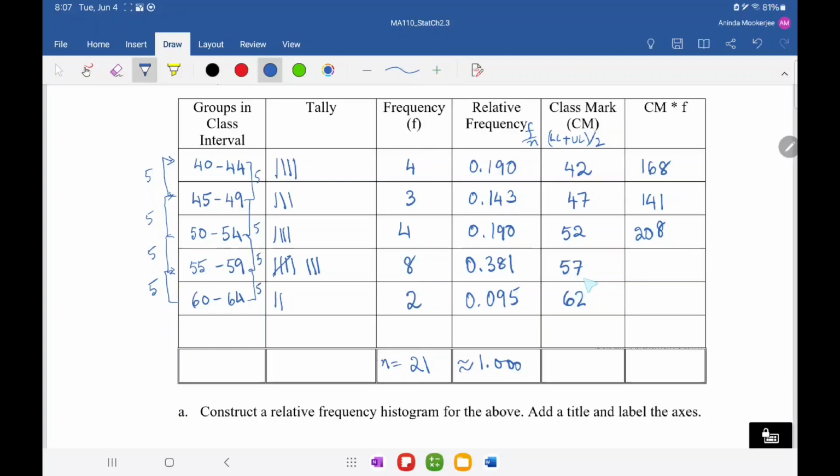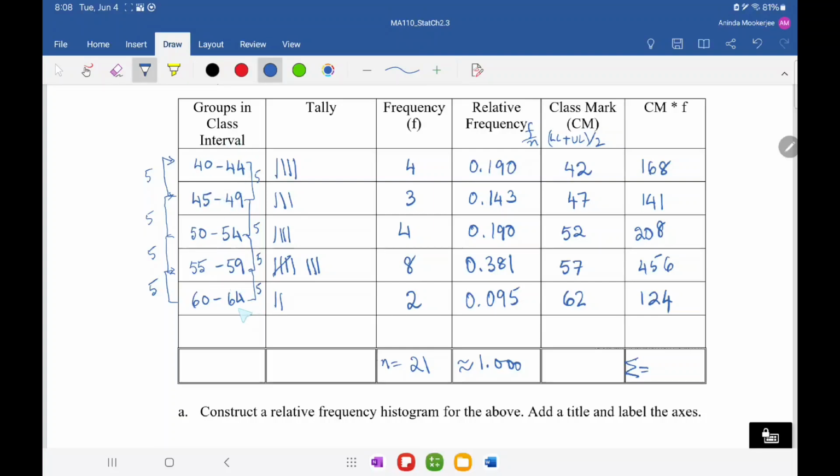And the next one is 57 times 8, which is 456, and then 62 times 2 is 124. Then we have to sum them up, and I'm going to do the summing up when we calculate the average.